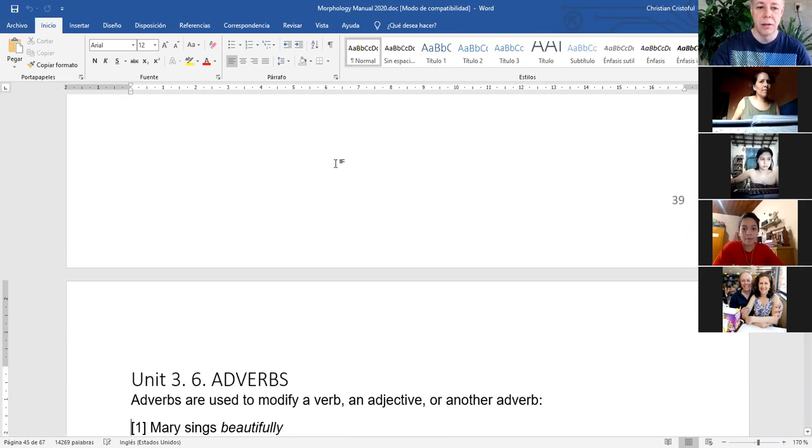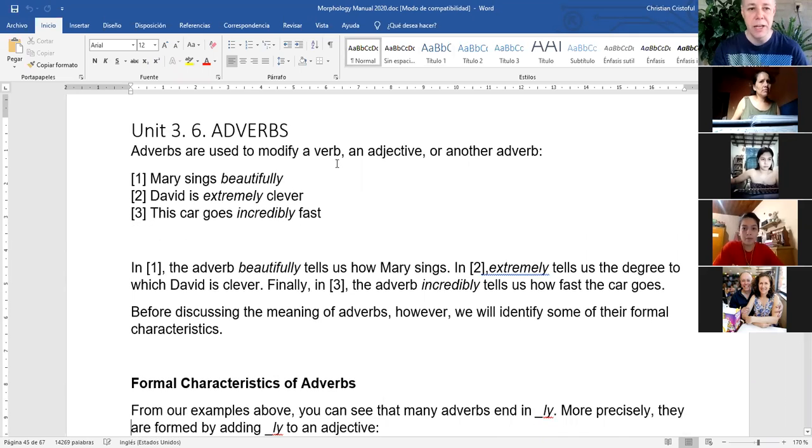So this is unit 3, lesson 6, page 45 in your manuals, and it is about adverbs.